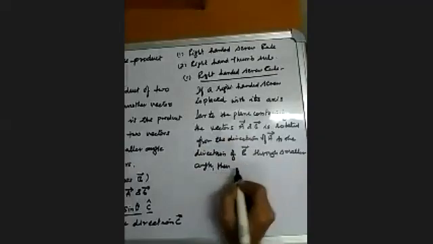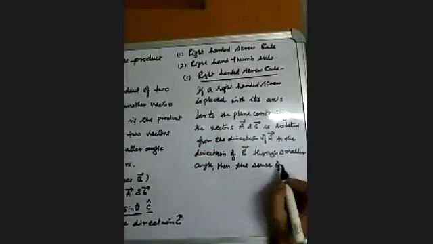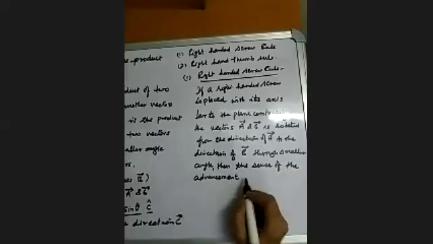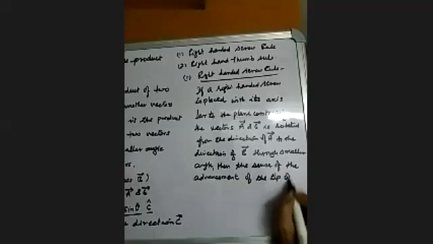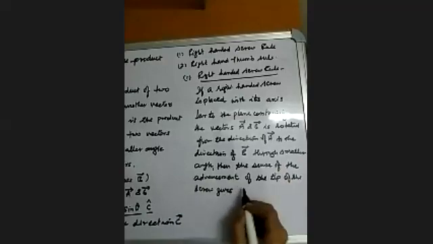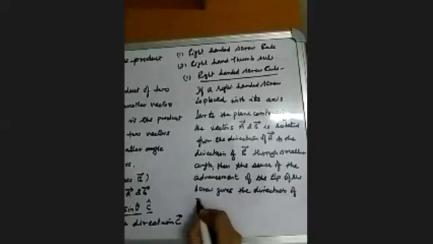Then the sense or direction of the advancement of the tip of the screw gives the direction of vector A cross vector B, that is vector C.